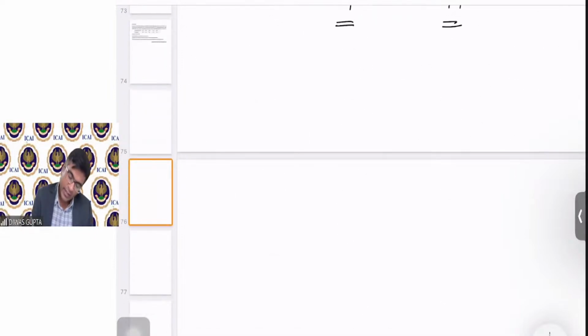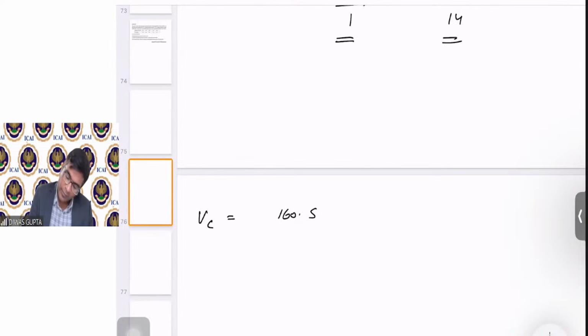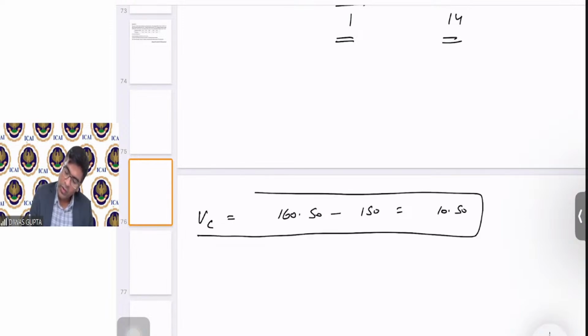Can we not say that the value of call is equal to 160.50 minus what is the strike price? 150. So can we not say this is also the value of call option?